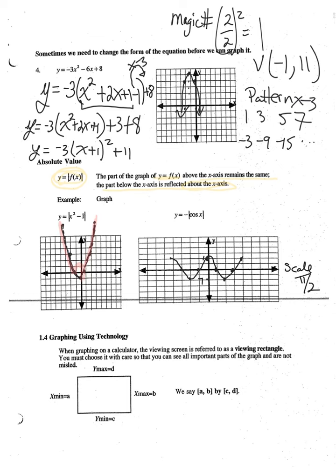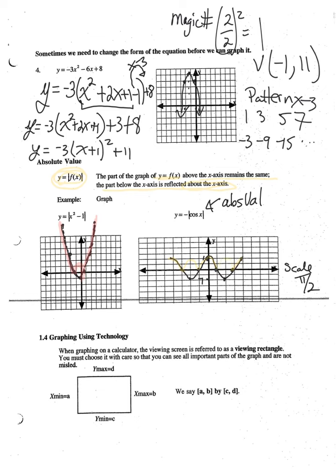Now, if I graph the absolute value of it, then all the parts that were above would stay above. All the parts that are below will reflect up.